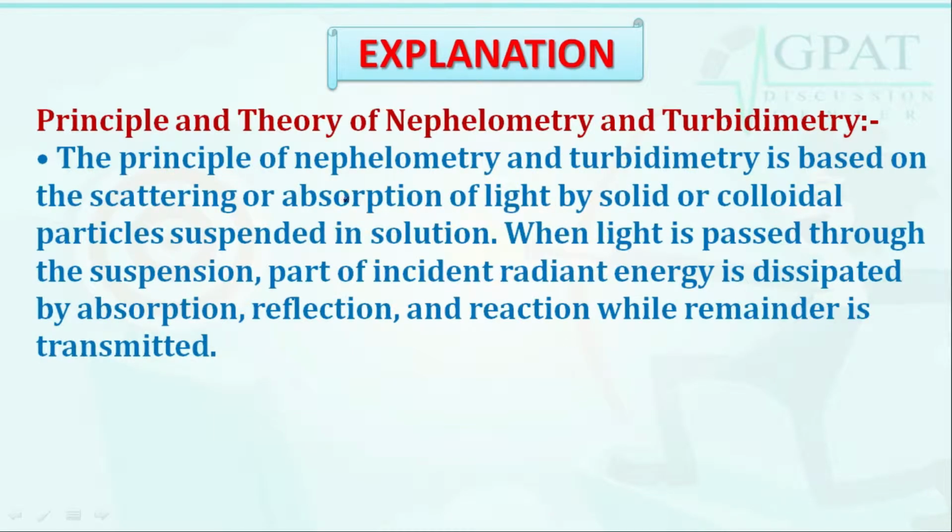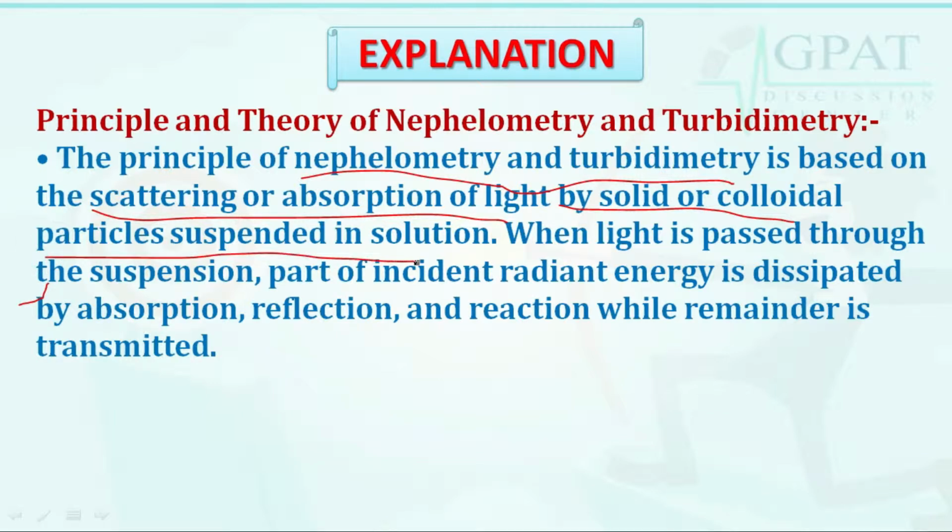The principle is based on the scattering or absorption of light by solid or colloidal particles suspended in solution, because when light is passed through the solution, part of the incident radiant energy is dissipated by absorption, reflection and refraction, while the remainder is transmitted.